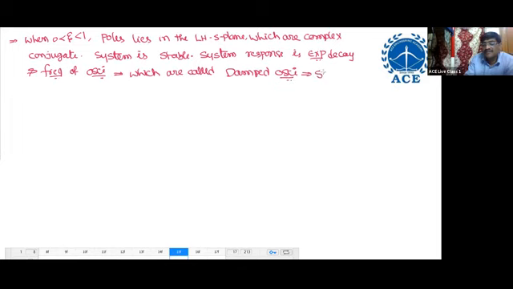Such a system is called an underdamped system. Maintaining damped oscillation, that's why it is called an underdamped system.